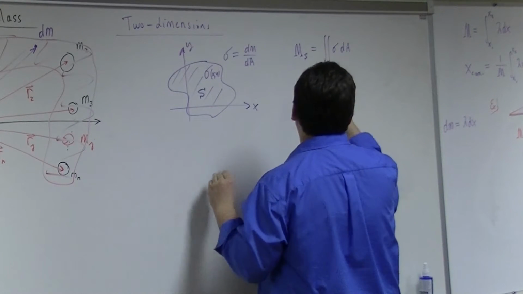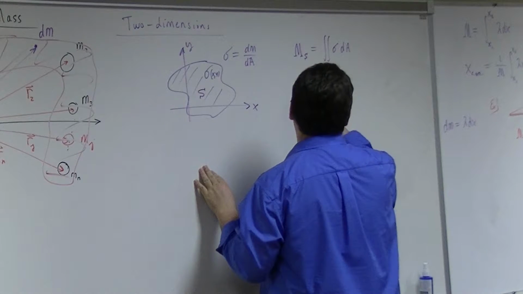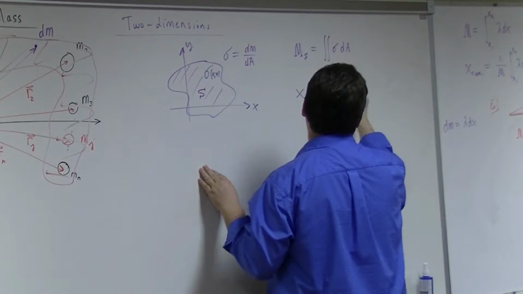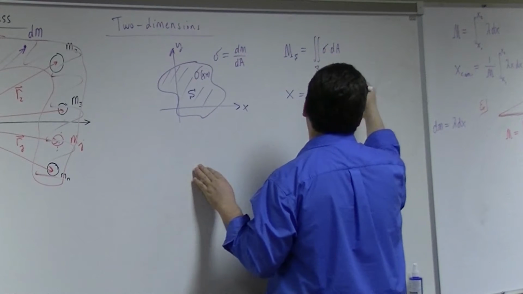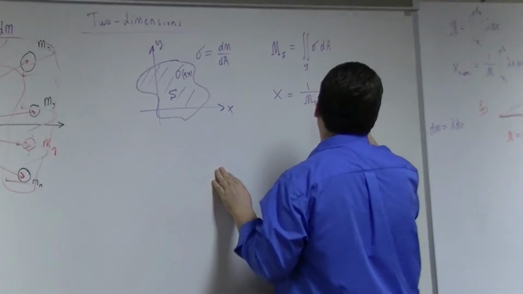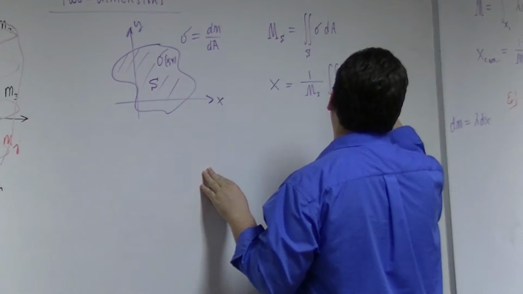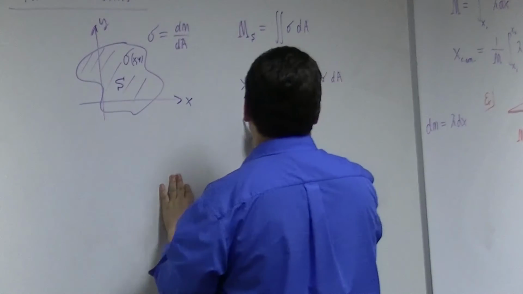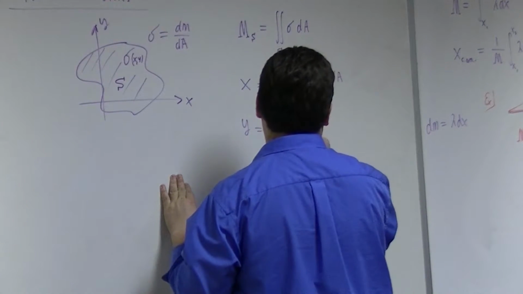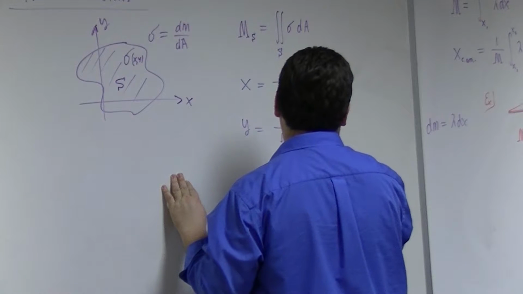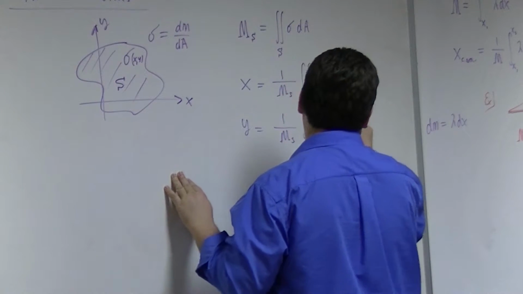So now you have x is equal to 1 over the total mass, and you do the integral over S of x sigma dA, and y is equal to 1 over the total mass of that integral over S of y sigma dA.